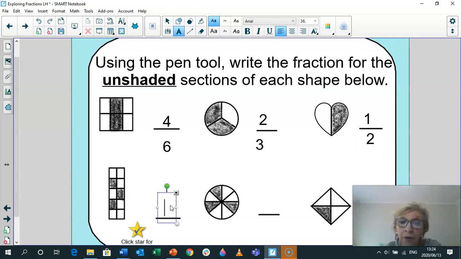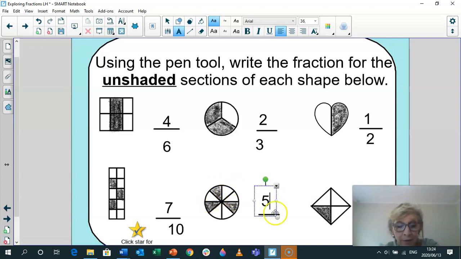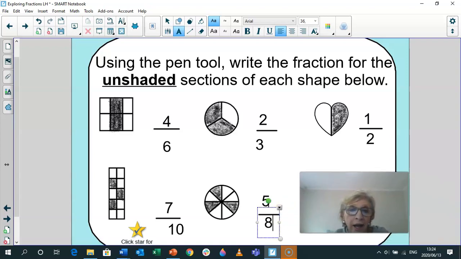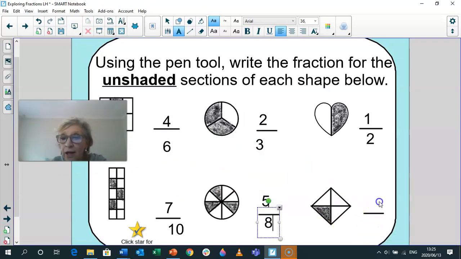If 3 are shaded, then 7/10 is not shaded. And now we've got eighths. If 3/8 are shaded, it means 5/8 are not shaded. And let's have a look at this one. If we've got our 4 equal parts there, 1 part is shaded, so 3 parts are not shaded. 3 out of 4, 3/4. Okay, you getting it, grade 3s?